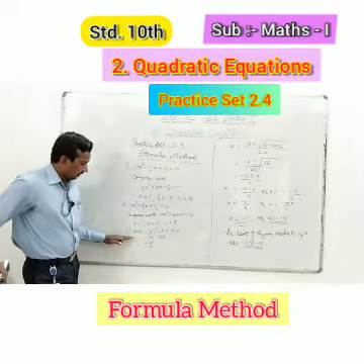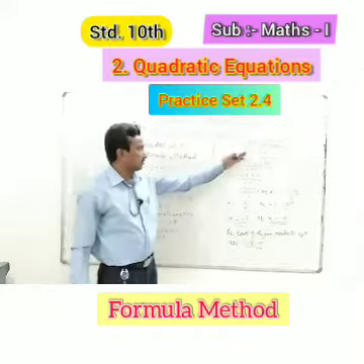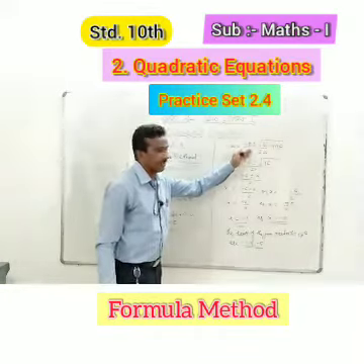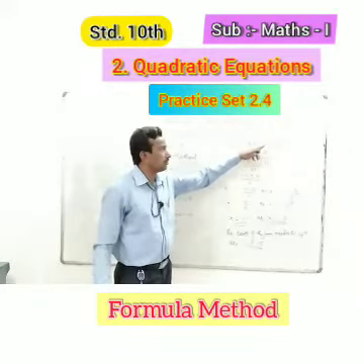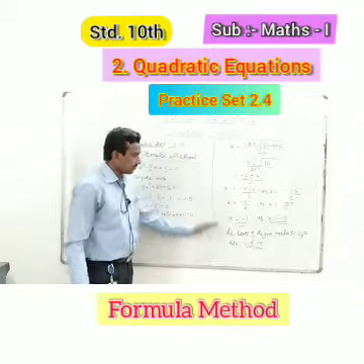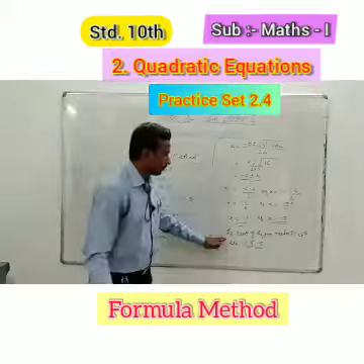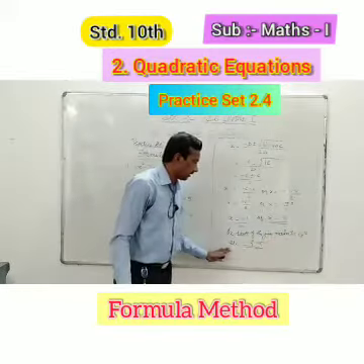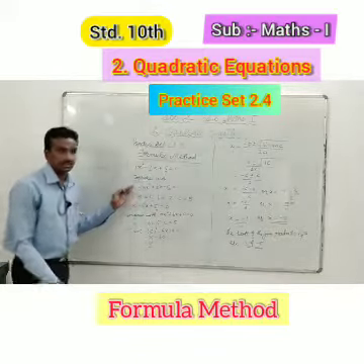First we have to find b square minus 4ac, or we can put the values directly in the formula, x is equal to minus b plus minus under root b square minus 4ac upon 2a, and then find the values of x. If there are two values, it means the roots of the given quadratic equation are minus 1 and minus 5. This is the solution of the given quadratic equation.